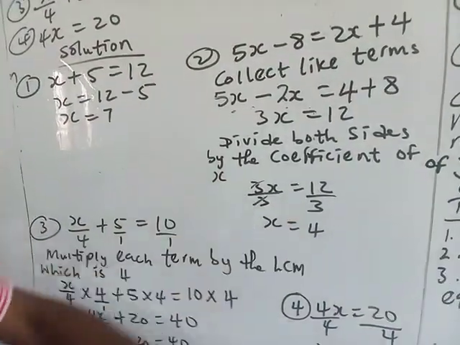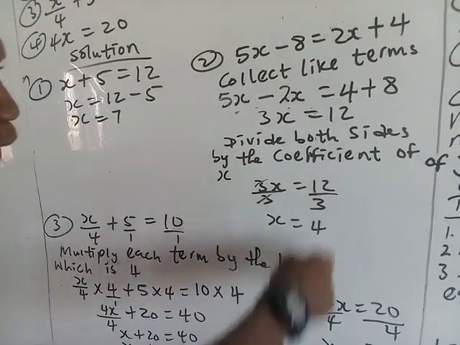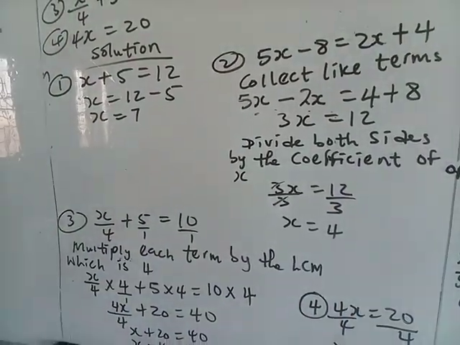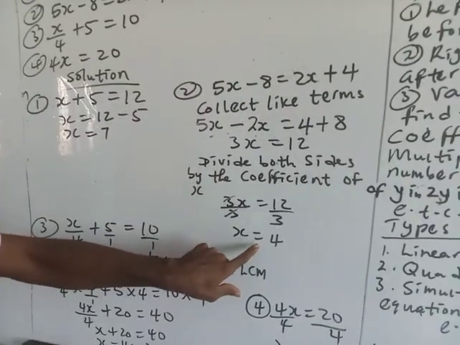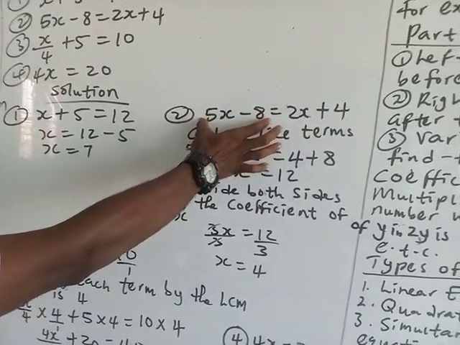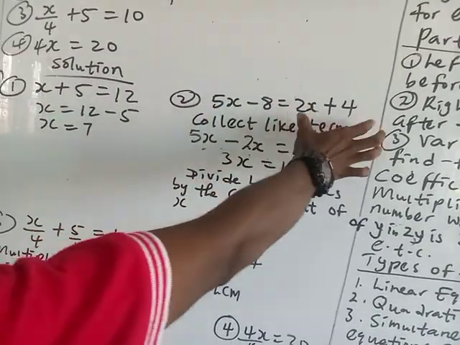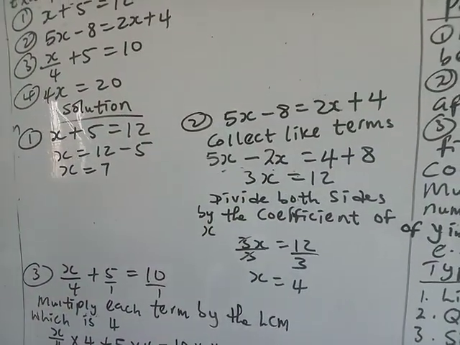When you divide both sides by 3, 3x divided by 3 will give you x, then 12 divided by 3 will give 4. So the value of x is equal to 4. If you want to try the value in this expression, you will see that it is equal to the other side. You can check that later on.